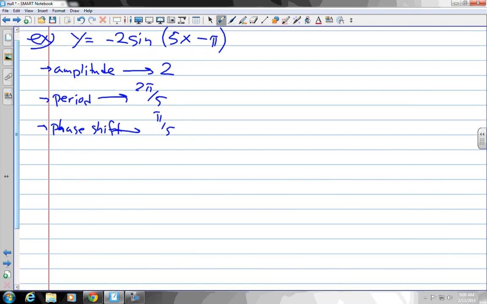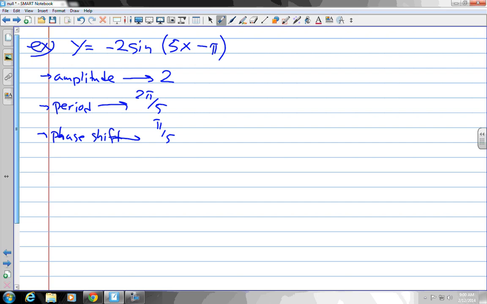It's going to be a little tricky to sketch, but we can interpret all of this by starting at positive pi over 5, and then drawing a sine curve with 2 pi over 5 periods. So that's going to be a little hard to do. But if we try the same trick as we did in the previous example, all we know is that the argument of this function, 5x minus pi, has to be between 0 and 2 pi. 0 to 2 pi, that's the initial period of a sine curve.